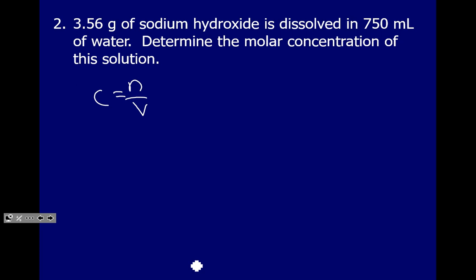Which of those two values of N over V do I already have that's really easy to spot, that we can fill in to the equation C equals N over V? The volume. I can put that underneath.